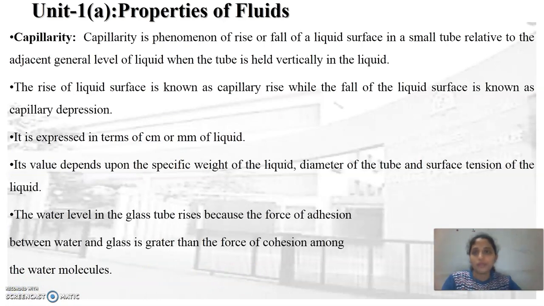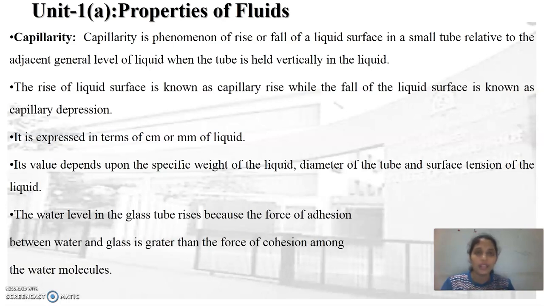Next property of the fluid is the capillarity phenomenon. What is basically the capillarity phenomenon? Let us consider a container with a liquid, and if you insert a glass tube into that, there might be a rise or fall of the liquid level compared with the surrounding liquid level. This rise or fall of the liquid level inside the small tube is nothing but the capillarity phenomenon.